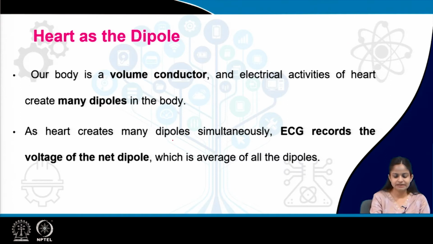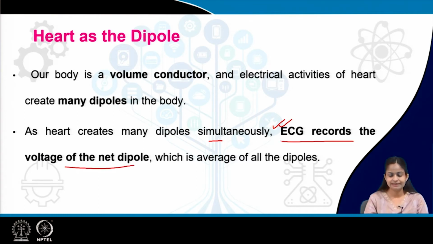As the heart creates many dipoles simultaneously, the ECG recording will record the voltage of the net dipole, that is the average of all the dipoles. So, that is the concept of dipole in the case of the heart.